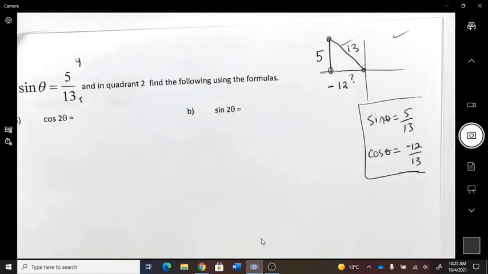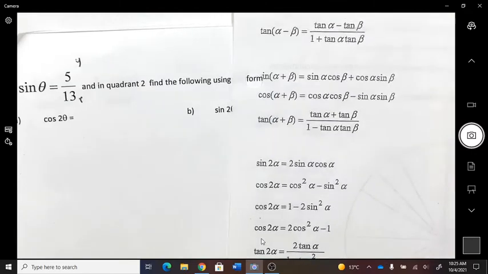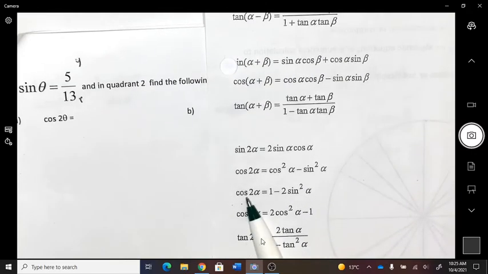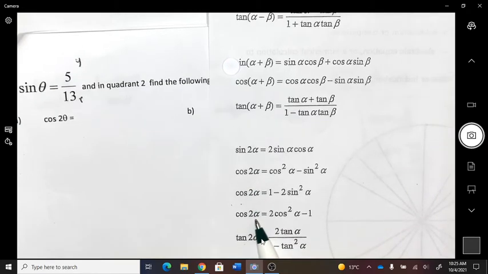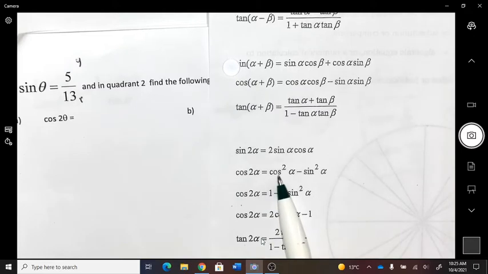Okay, here we go. Cos of double angle. So cos of double angle, you have 3 formulas. Does it matter? Nope. You can pick any 3. I'm just going to go with the top one here.